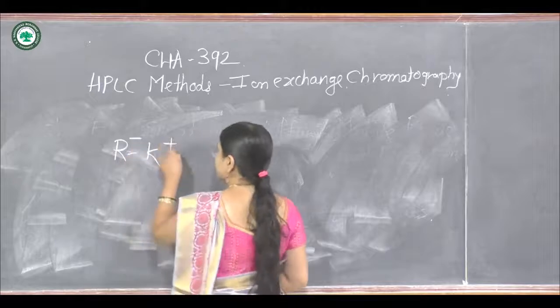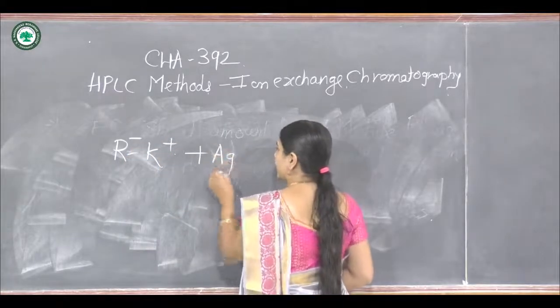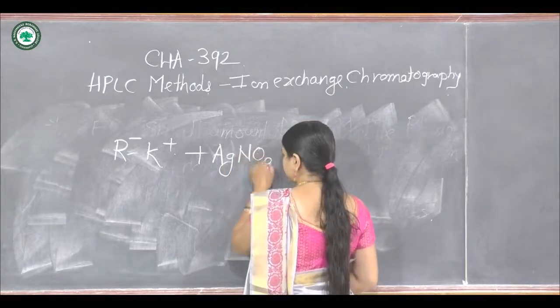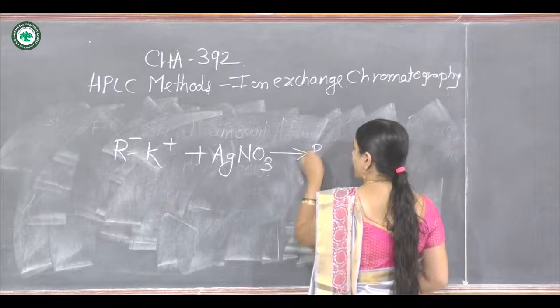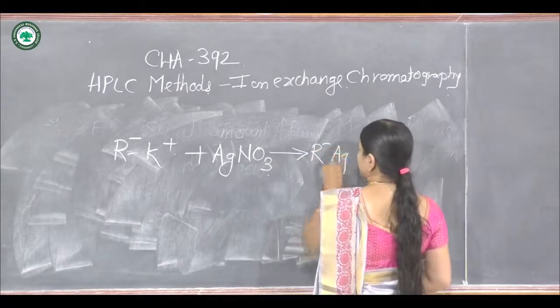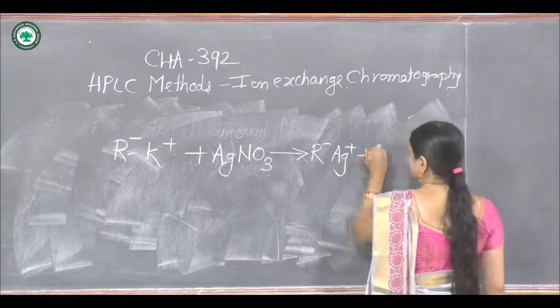Suppose R minus K plus reacts with AgNO3, then it will form R minus Ag plus and KNO3.